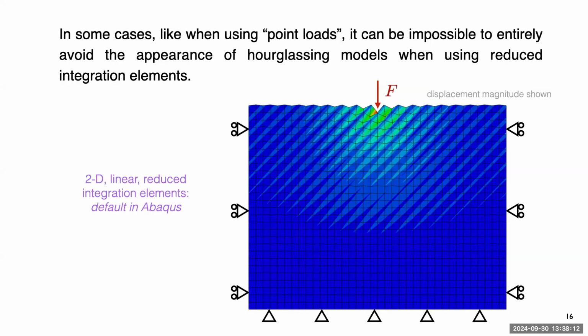If I do that with the default elements in Abaqus, you get a solution that looks like this. What you would expect the answer to be is a depression, the material bends down, you have a higher stress here, and it varies away. But if you look here, you can see all these little hourglasses going in and out, like an accordion shape everywhere. That's classic hourglassing.